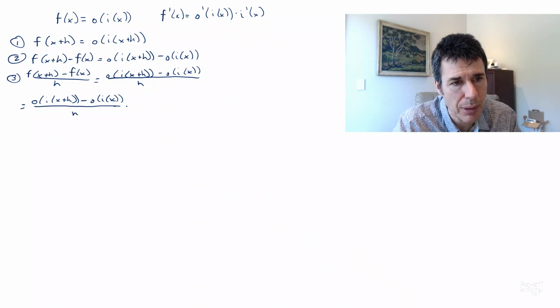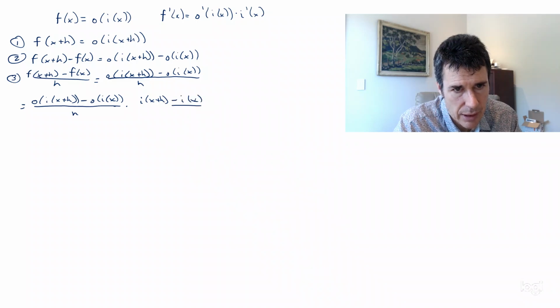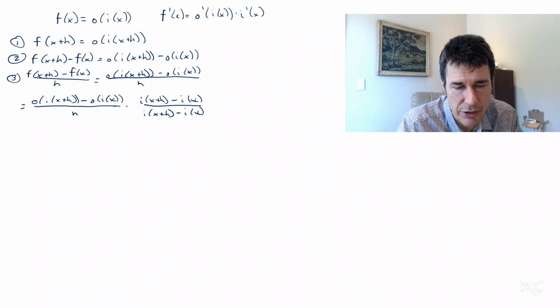I'm going to multiply this by something that looks like the derivative, to help me find that I prime. So I'm going to multiply by I of x plus h minus I of x divided by I of x plus h minus I of x.